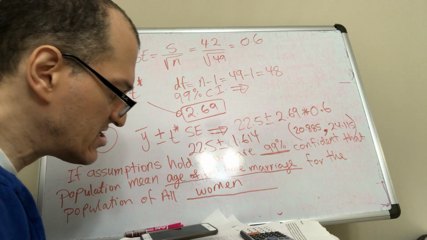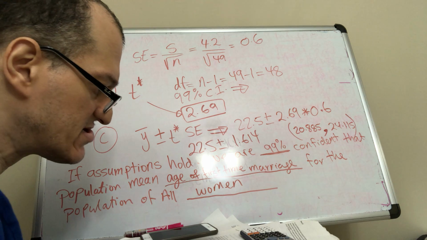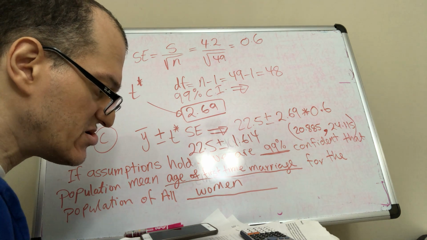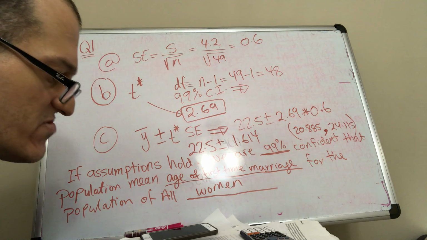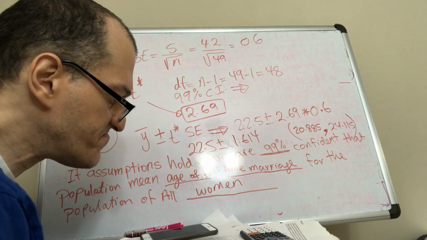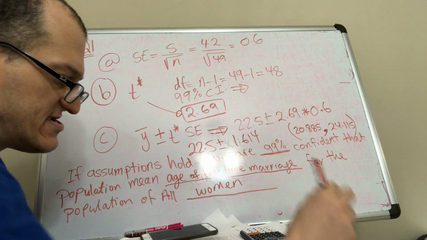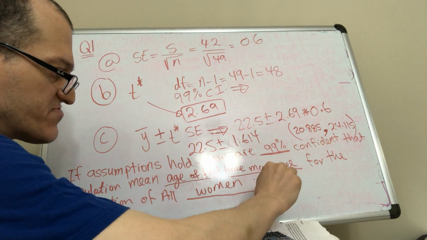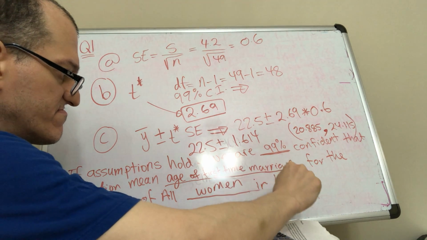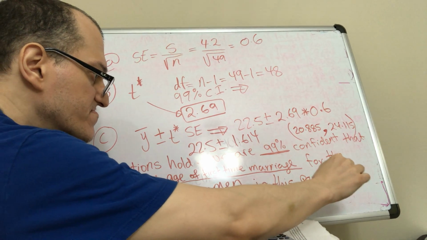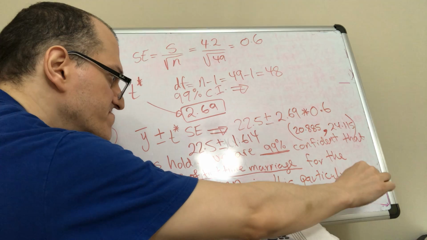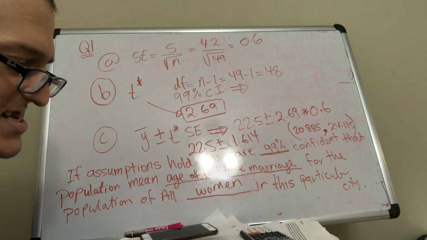And did they mention a city or time? Did they say that this is in a certain city or in a certain time? No, so we just say population of all women. And it's better to say in this particular city or town or place.